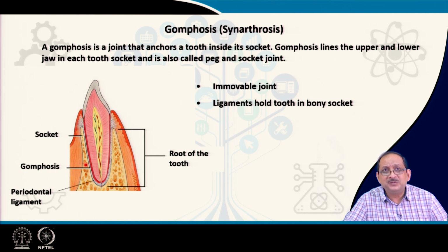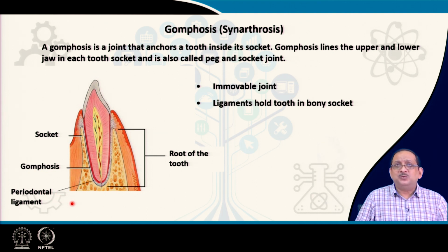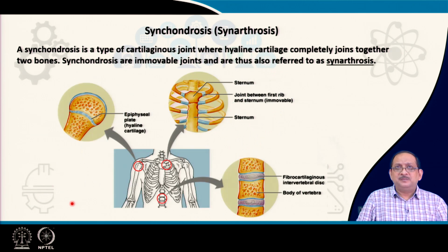So, the gomphosis is the joint indicated in the figure on the left. It is basically an immovable joint, and the ligaments hold the tooth in the bony socket. In this case, it is the periodontal ligament that holds the tooth in the bony socket.